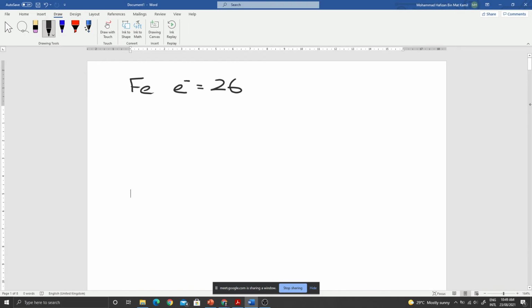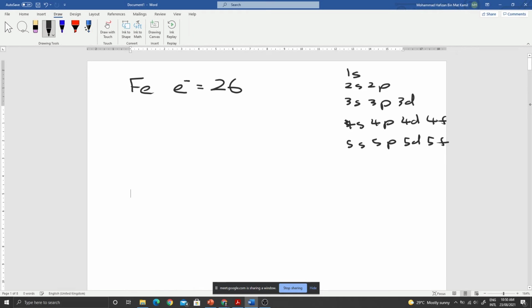So like tadi, okay, kalau tak ingat buatlah. Tapi kalau you dah ingat, terus tulis. So 4S, 4P, 4D, 4F. Okay, 5S, 5P, 5D, 5F.